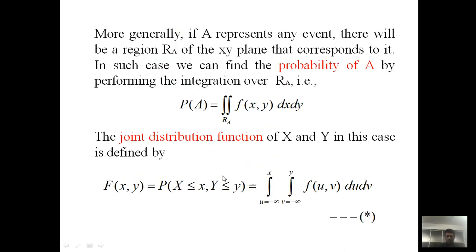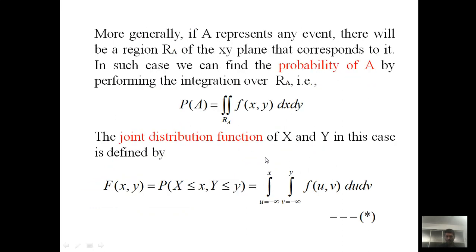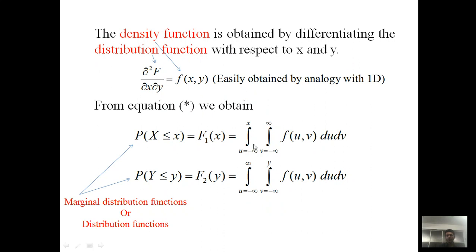Now equation star, that is probability of X less than or equal to x, Y less than or equal to y, is equal to the integral with u from minus infinity to x, v from minus infinity to y, of the function f of uv du dv. But here we know that the restriction is only on x. So we write u from minus infinity to x as it is. But there is no restriction on y.